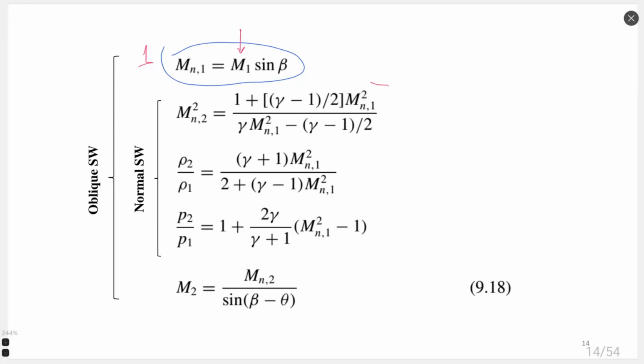Then step 2, we use calculation through the normal shock wave. We obtain Mn2, the normal component of the Mach number after the shock wave. And then we have step 3, where we use this normal component as input data, and we calculate the Mach number after the oblique shock wave. 3 steps: split, calculate by normal shock wave, and join back the vector of velocity.